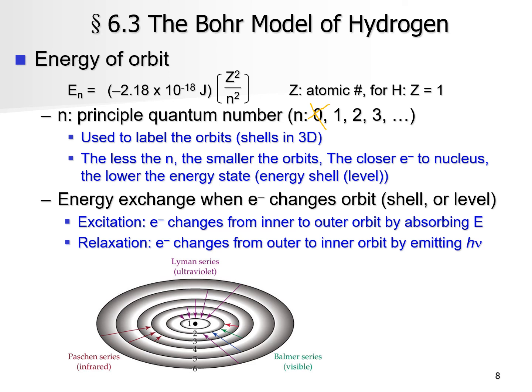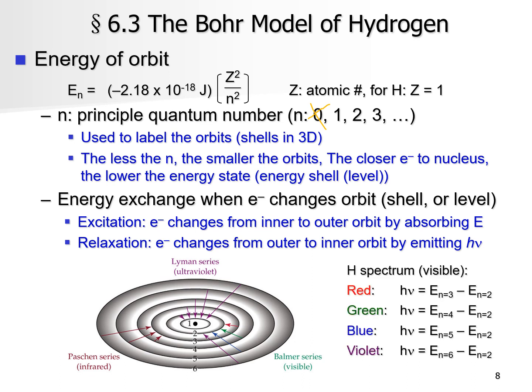And according to these conclusions that he drew from his model, Bohr explained those 4 colorful lines in a spectrum. The red line is the relaxation of the electron from the 3rd orbit to the 2nd. Green, 4th to the 2nd. Blue, 5th to the 2nd. And the violet, that would be 6th to the 2nd.